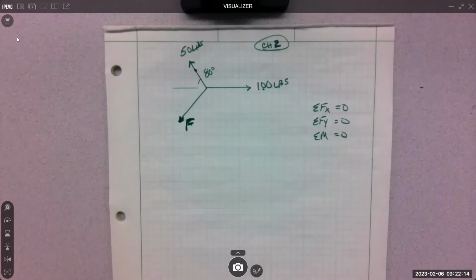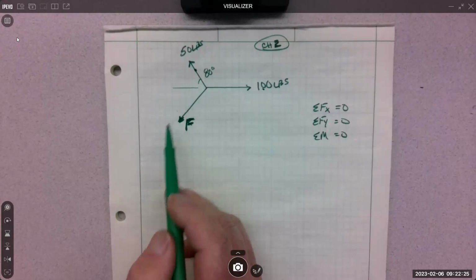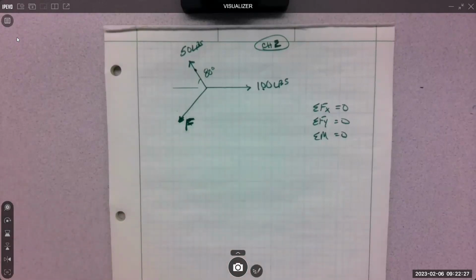So in chapter 4, we say, okay, there is no resultant. We can't have it at all. So how can I determine what force I put in there?